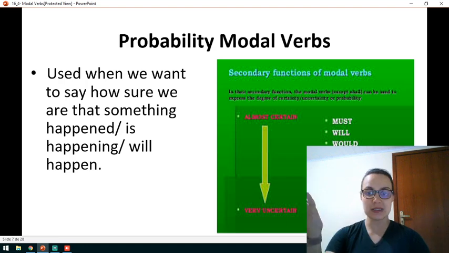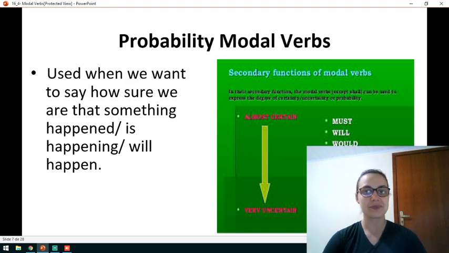So must would be almost certain, whereas might would be very uncertain. And we'll go over some examples of using each of these different types of probability modal verbs.